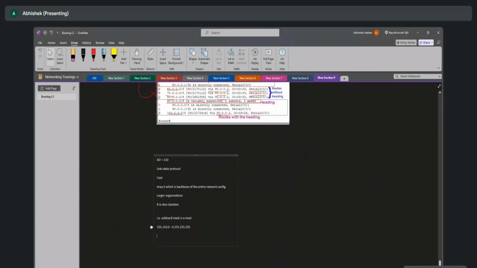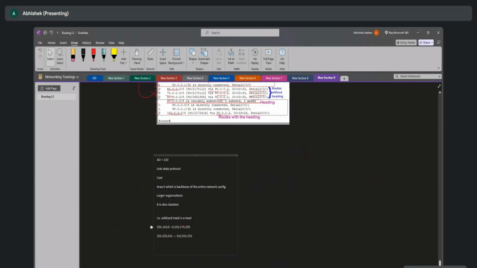What about class B then? Reverse it again. It will be 0.0.255.255. Whatever is 0 will become 255, and whatever is 255 will become 0. Simple. That is what is going to happen.